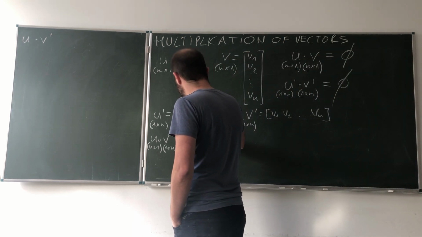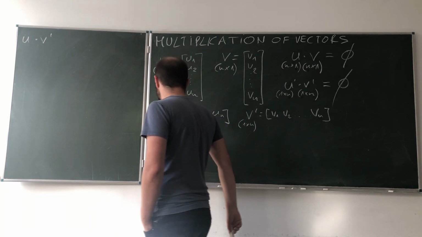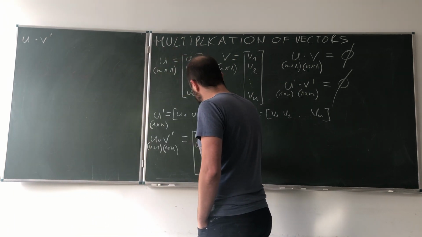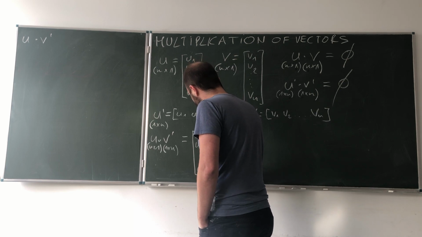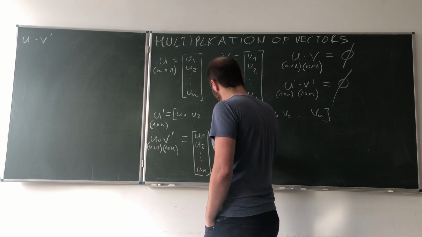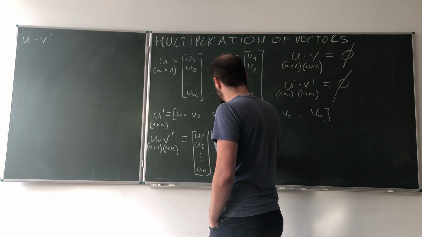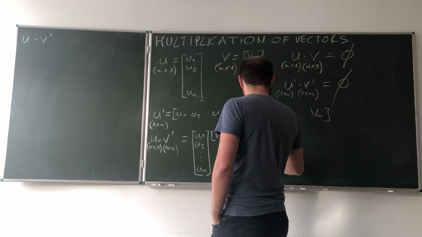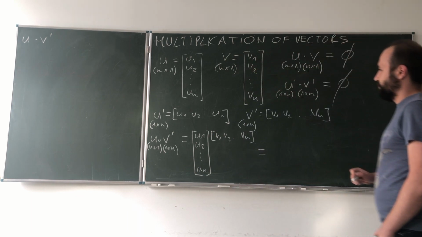Okay, so how would we do it? So let me put just vector u1, u2, un. Here we will have vector v1, v2, until vn. Okay, so what will we get?